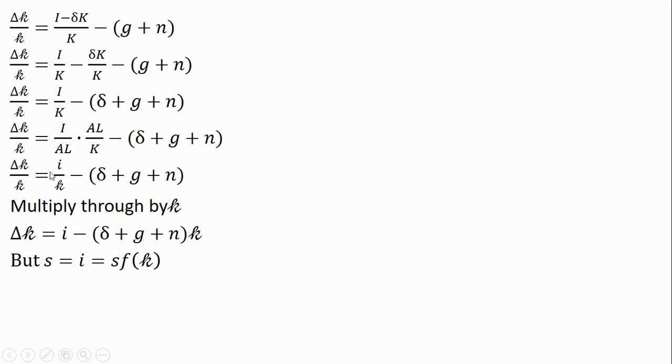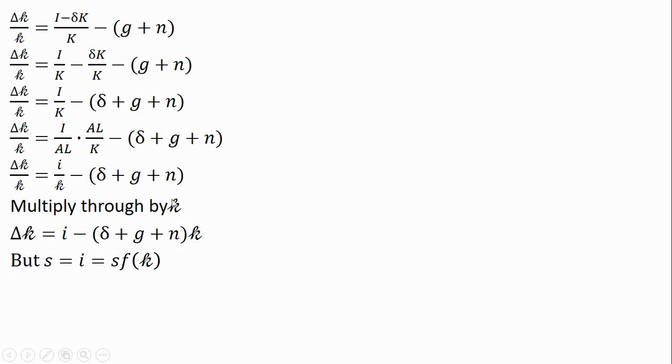What happens is, if we multiply change in kappa over kappa times kappa, of course we shall remain with change in kappa because the kappa will go with what we multiplied it with. Then i over kappa, if we multiply it by kappa, of course the kappas will go and we remain with i, and here we shall remain with sigma plus g plus n times the kappa. So after multiplying by kappa, we come up with change in kappa is equal to small i minus sigma plus g plus n times the kappa.